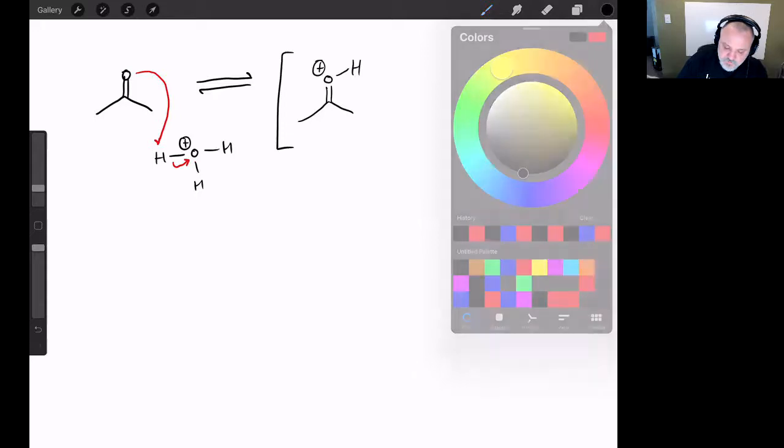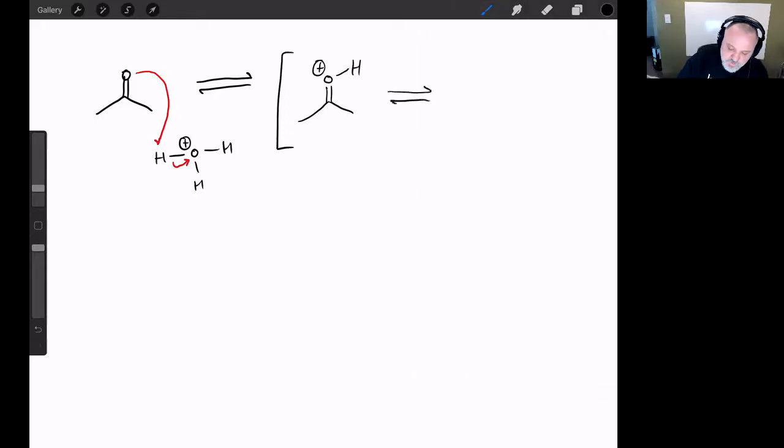And I can show that there's a resonance structure here where there's quite a bit of positive charge that's on the carbon. Right, then water can come along.